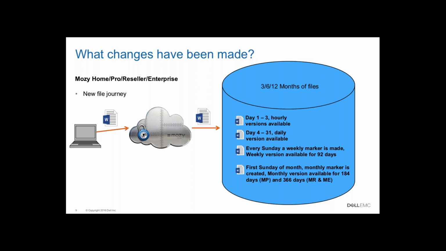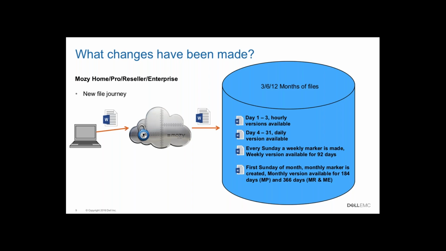So rather than having 7 daily versions, I'll have 1 weekly version. And the same once I go beyond 3 months and head between 3 months and a year, I will have monthly versions.